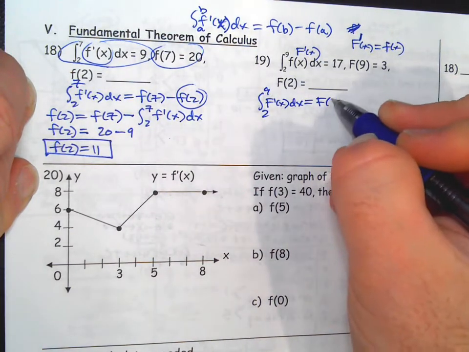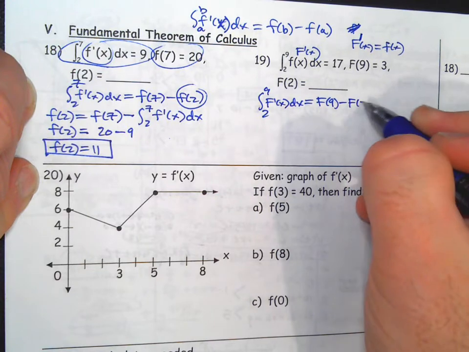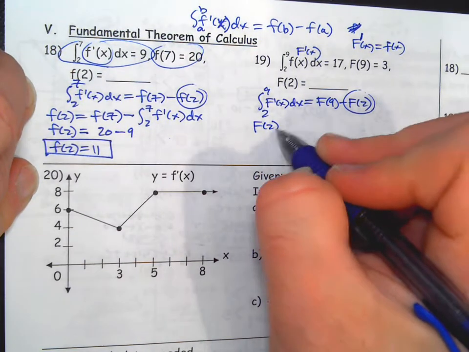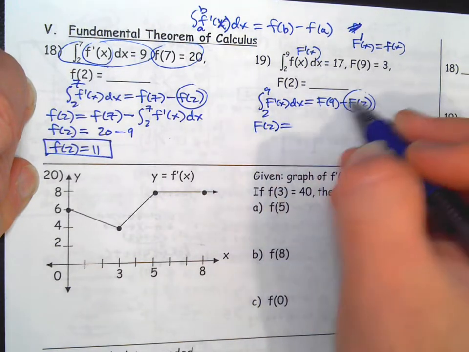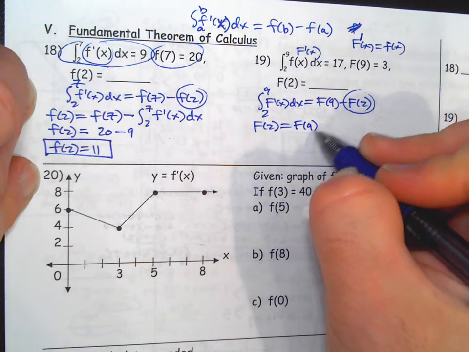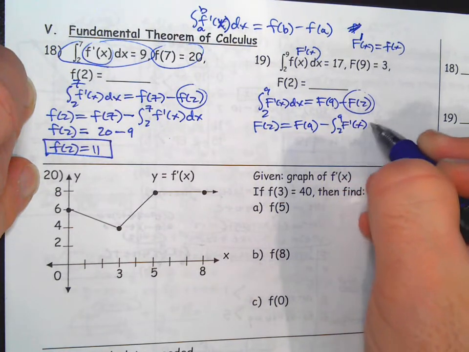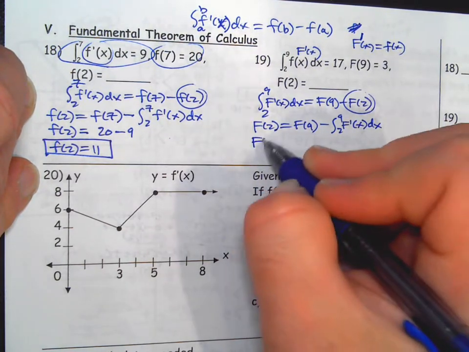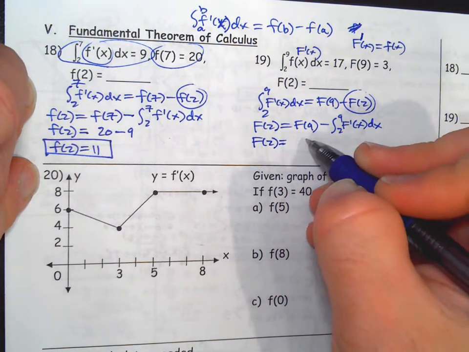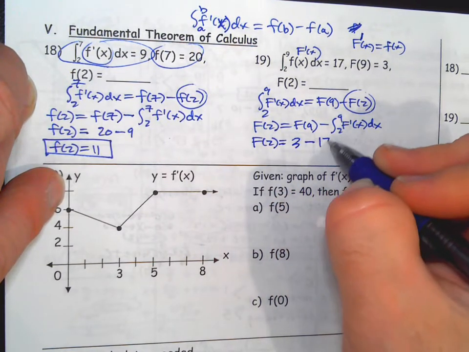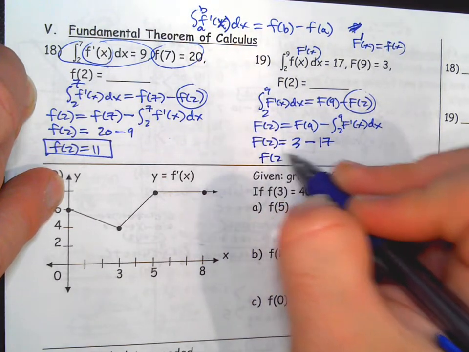We get f of 9 minus f of 2. I want f of 2, so I add it to the other side and subtract this back over there. It's good to show your approach. Then you just plug the values in, and hopefully you plug them in correctly. But if I don't see your approach and you plug them in wrong, it's hard for me to give you credit.